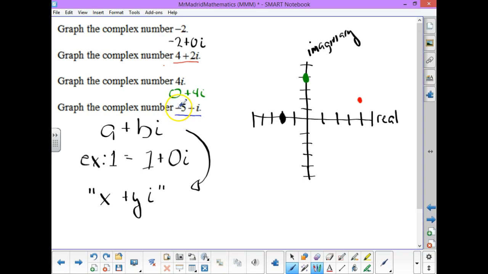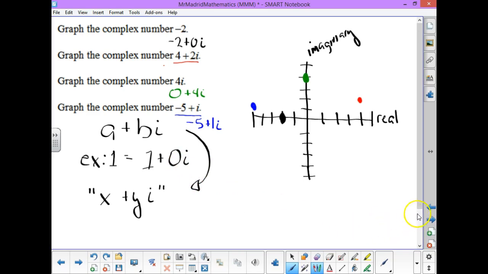So now all I do is travel negative 5 on the real axis, 1, 2, 3, 4, 5. I could write this as negative 5 plus 1i, just to reinforce the fact that this is not a 0. It's a 1. So once again, negative 5 on the real axis, and 1 up, which is that point.